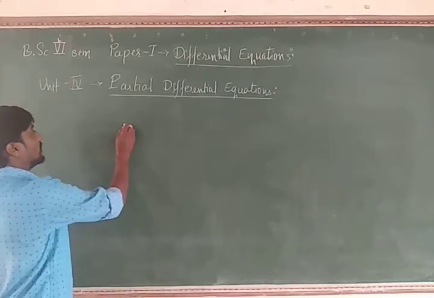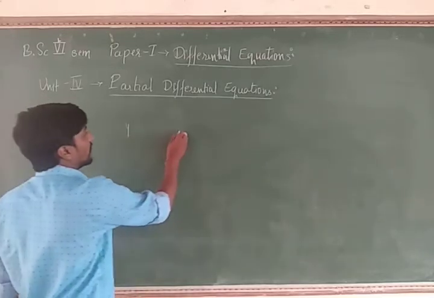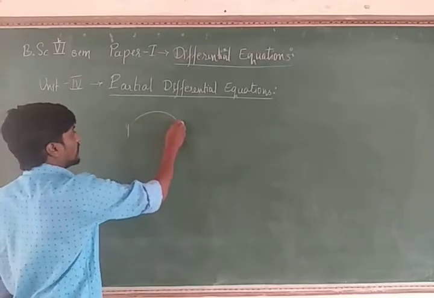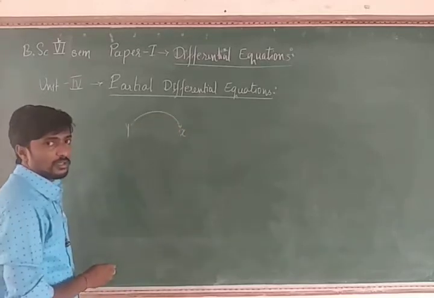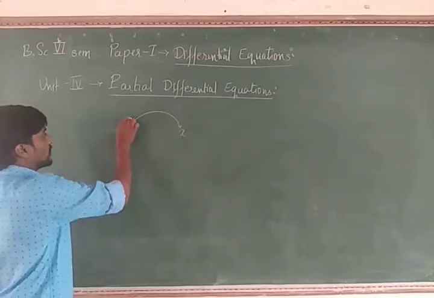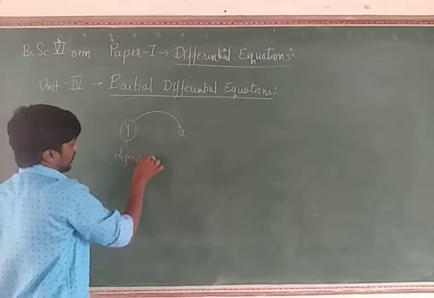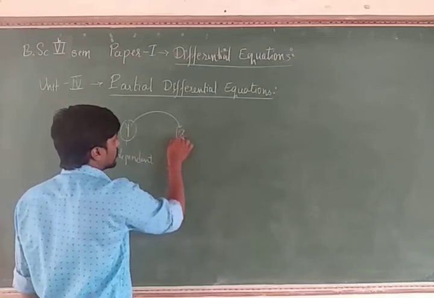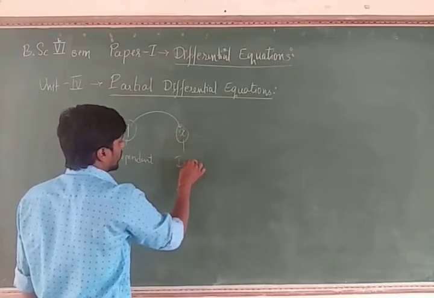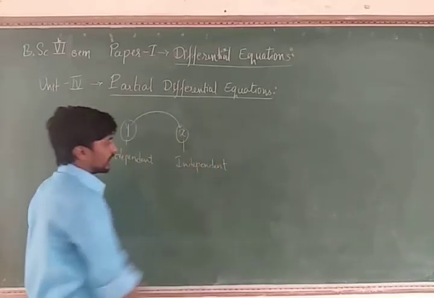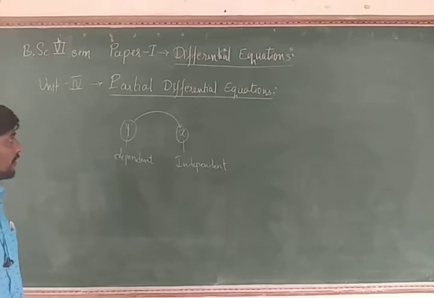Suppose there is a variable y and another variable x. In this case y depends on x, so y is called the dependent variable, and x is called the independent variable.